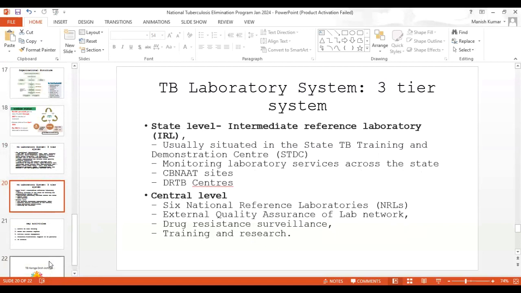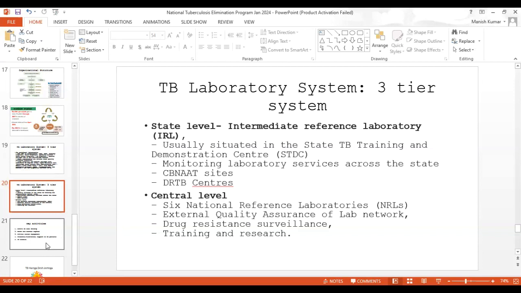This tiering system for laboratories is over there. And let me tell you, this whole laboratory system of TB is a little different from the existing laboratory system. But going ahead, the Government of India is envisaging to have only one laboratory at a health facility.